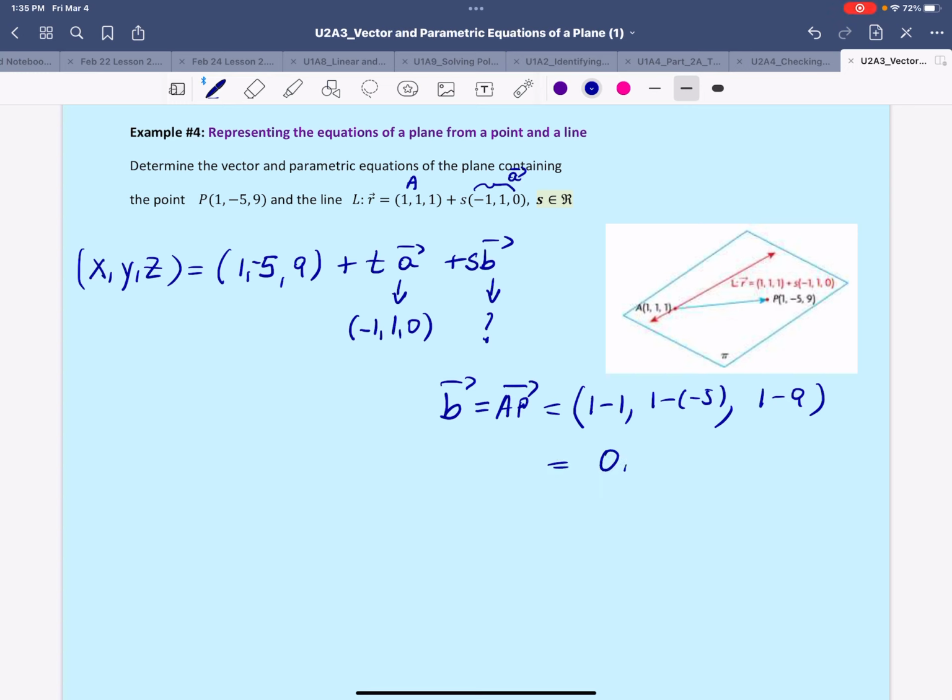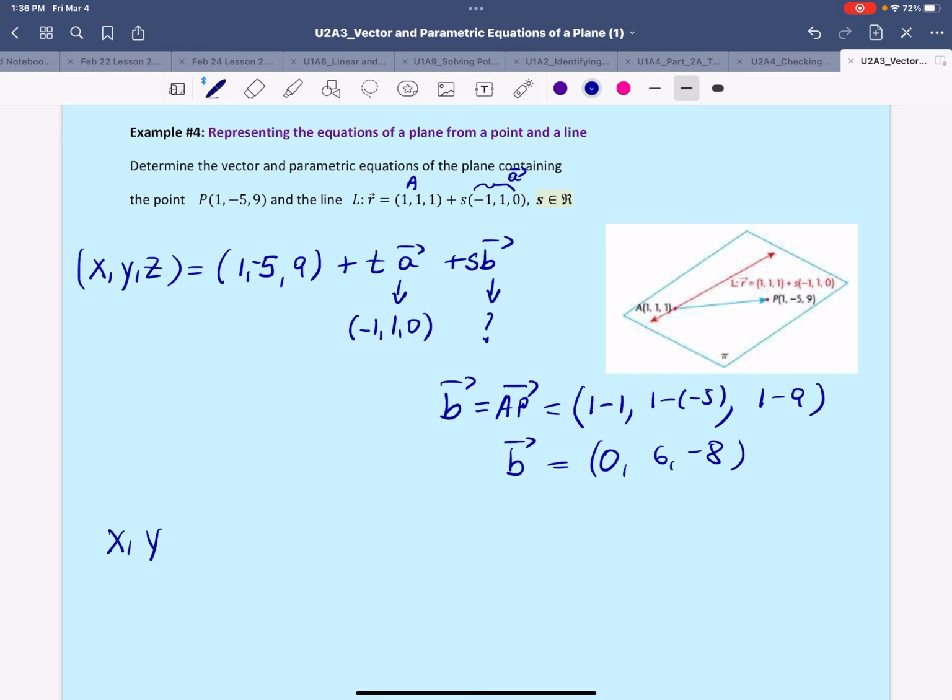So that would be (0, 6, -8). So we're going to say this can be used as a direction vector B. Remember, any multiple of this vector can be used as a direction vector. And just for the fun of it, even (0, 3, -4) can be another possible direction vector. We're going to leave it at the first one, okay? So we won't confuse or mix things up.